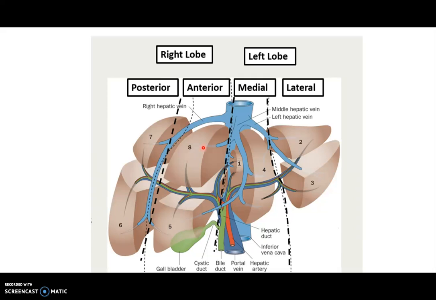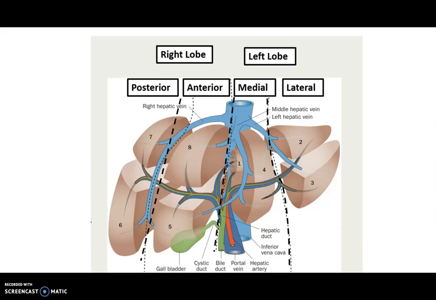That means if you want to remove one part of the liver, you have to have this knowledge of the functional subdivision of the liver, because if you have a cancer on this part of the liver, you only have to remove this part, because it has blood supply and venous drainage that is independent of other segments of the liver. You don't have to remove the whole right part of the liver. So that is why we are segregating it into the functional subdivision of the liver.